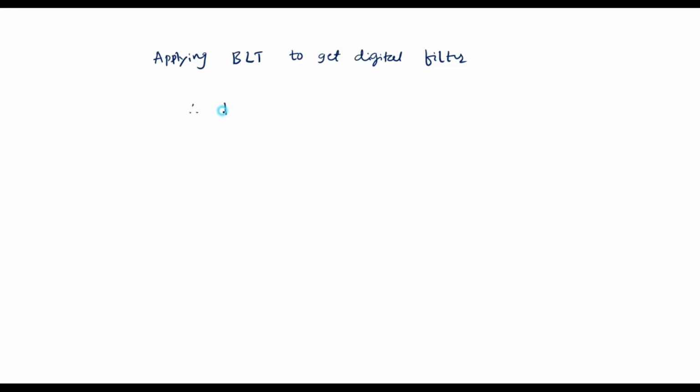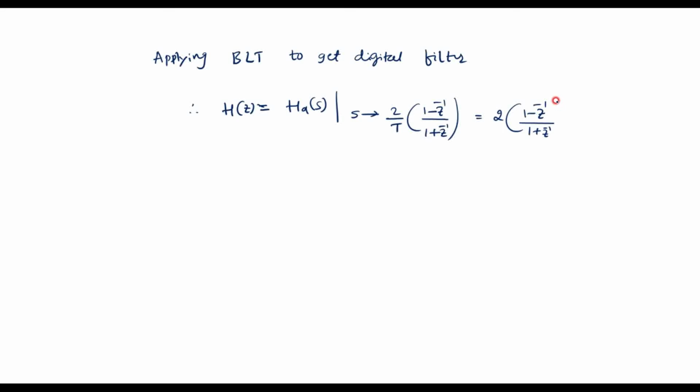Therefore we can represent H of z is equal to HA of s, where s should be replaced by 2 by T, (1 minus z inverse) divided by (1 plus z inverse). So here T is equal to 1, therefore it is equal to 2 (1 minus z inverse) divided by (1 plus z inverse).